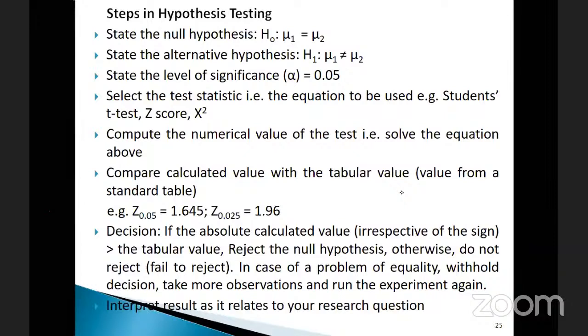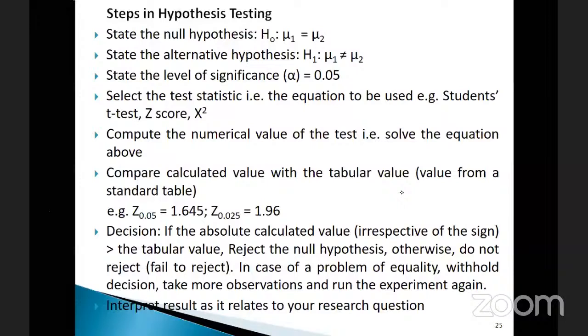Then you compute the numerical value. That is, you solve the equation. And then you compare calculated value with the tabular value. All these test statistics, they have tabular values. Now, the decision says if the absolute or calculated value, that's irrespective of the sign, or what they call modulus, is greater than the tabular value, you reject the null hypothesis.